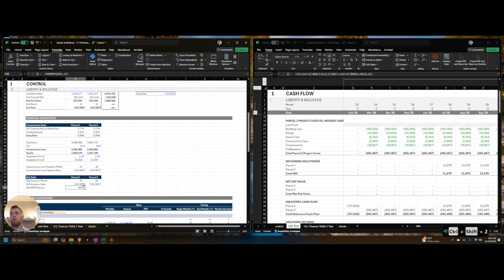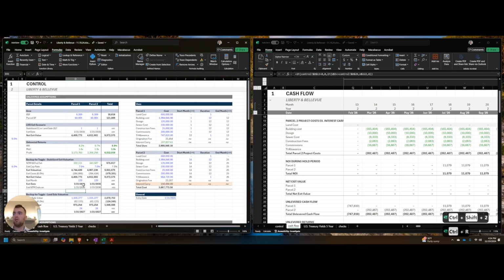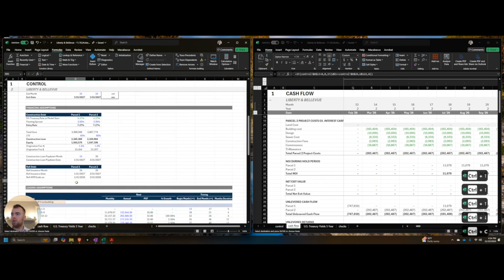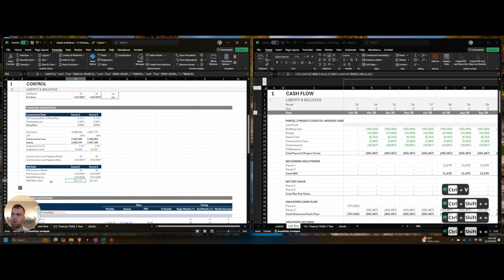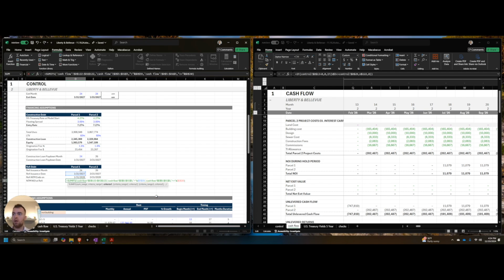We're going to want to pull our NOI at the refi date, so it's actually going to be this same formula. And then 59 and 60.